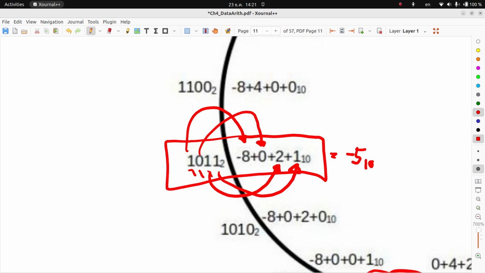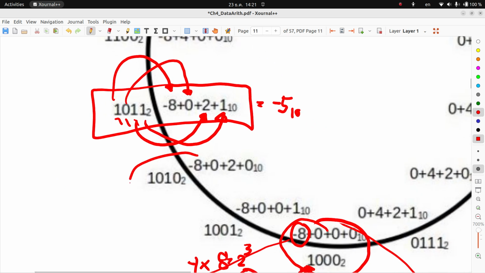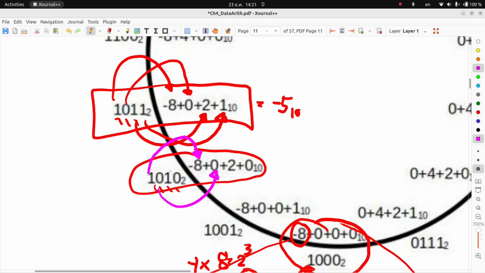Okay. Question. How about this one? 1 0 1 0. Let me use another color, purple. Minus 8, 0, plus 2, plus 0.